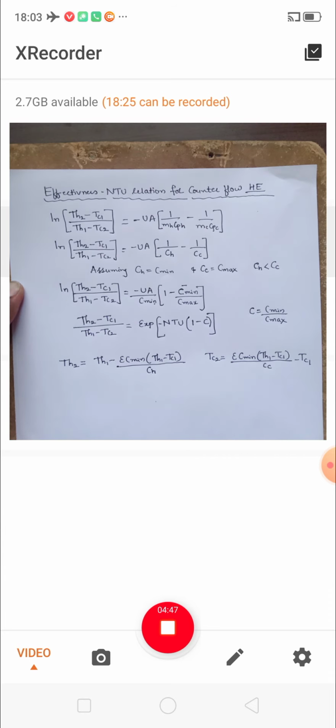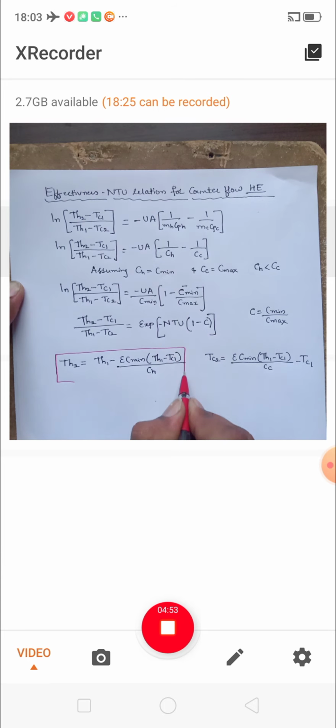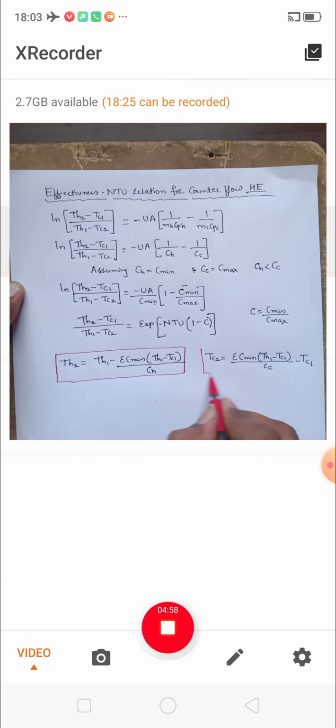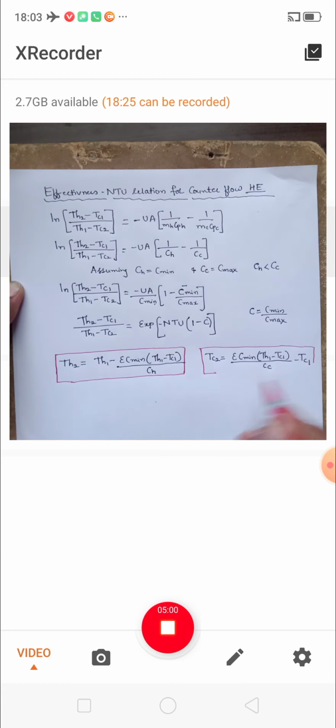These values we have already calculated in the previous derivation, that is the parallel flow heat exchanger, from the formula of effectiveness of the heat exchanger. Already calculated these two values in the previous class.